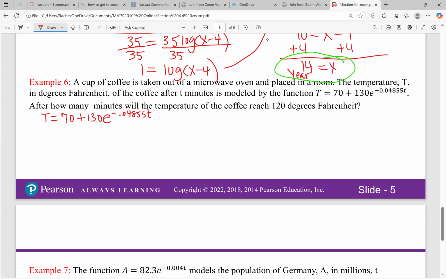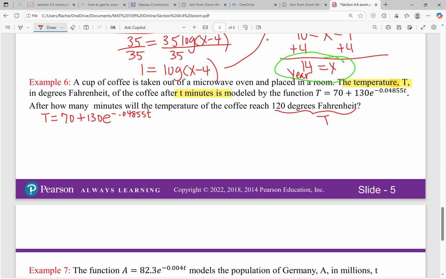So lowercase t represents time in minutes after it's taken out of the microwave, and the capital T stands for temperature, in degrees Fahrenheit. So after how many minutes will the temperature of the coffee reach 120 degrees Fahrenheit? This is a value of capital T, the temperature, and we want to know after how many minutes, which is lowercase t.